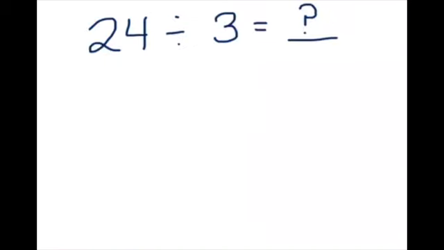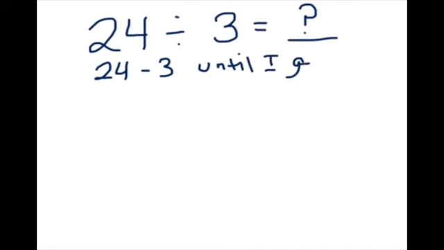Let's try another one. So this time I have this division problem, 24 divided by 3. So what am I going to do? Remember, I'm going to repeatedly subtract. So I'm going to subtract 24 minus 3 until I get to what number?